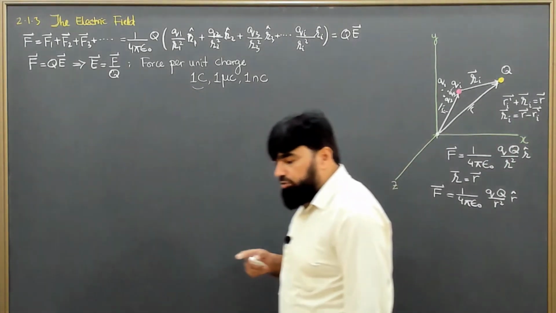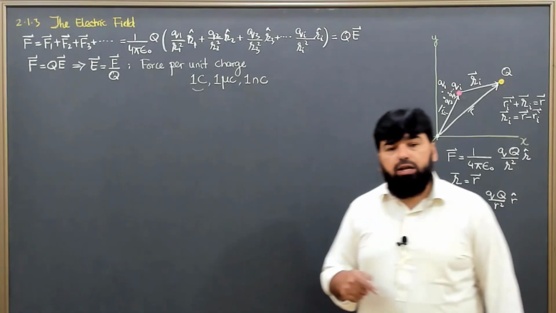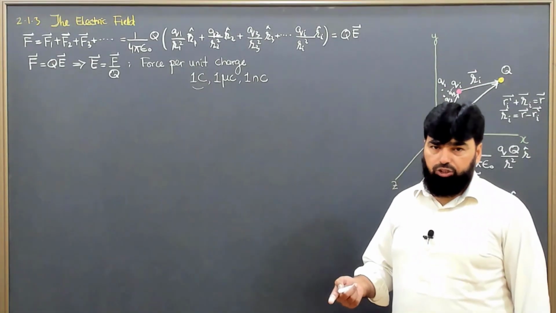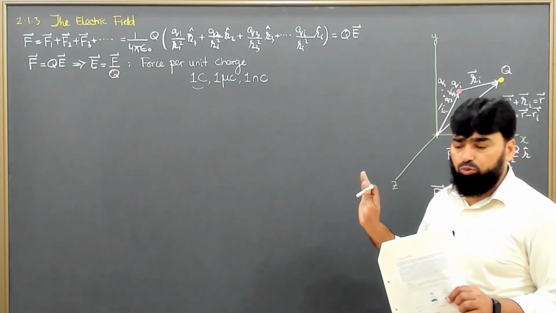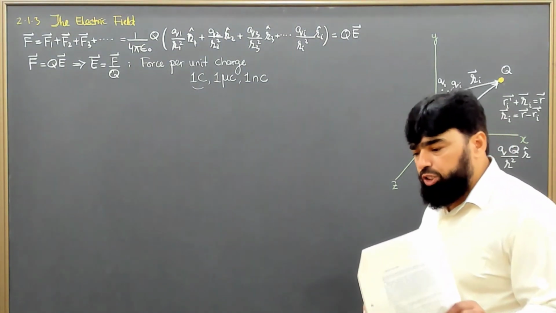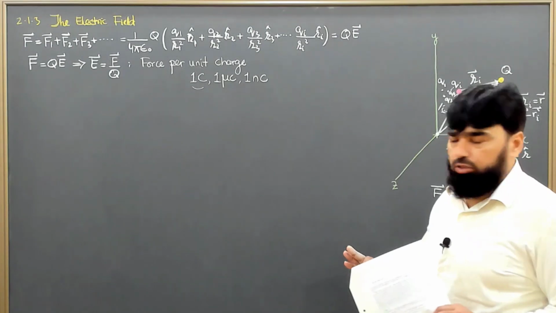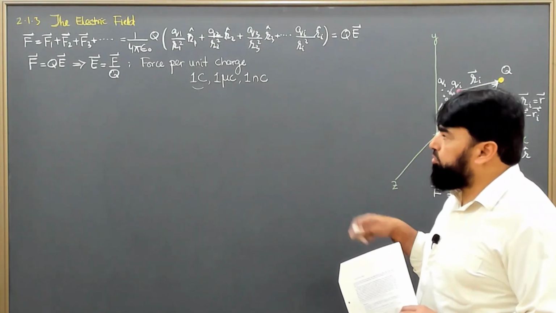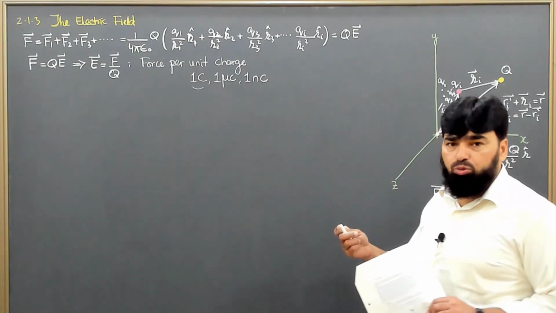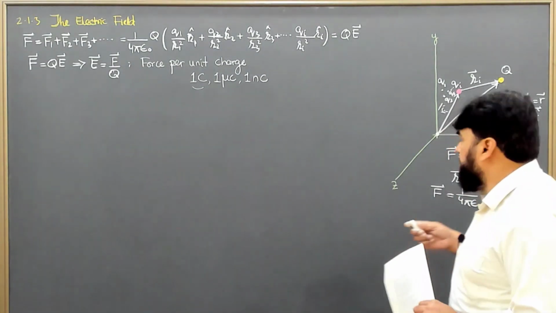The electric field is independent of the test charge. The electric field has its strength, whatever it will be. Whether you test it or not, the field is there. So that was the reason to define the electric field, in order to get rid of the test charge.